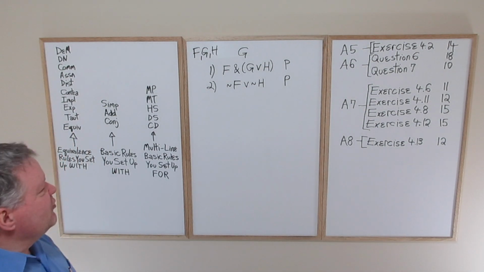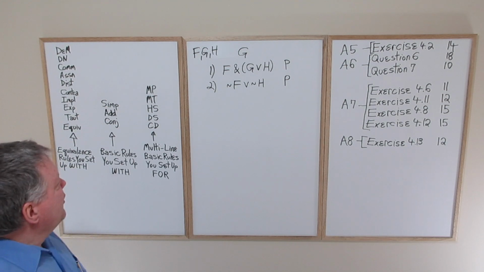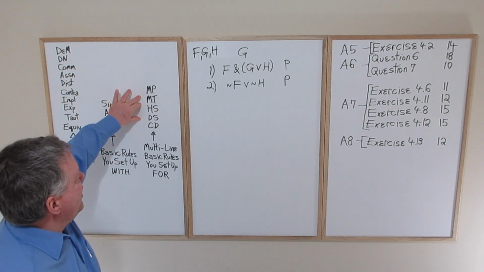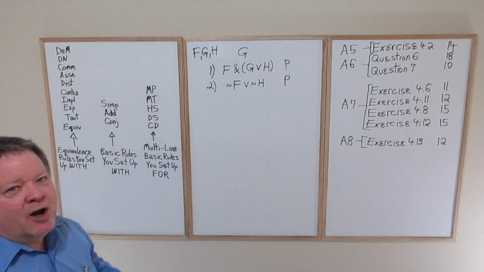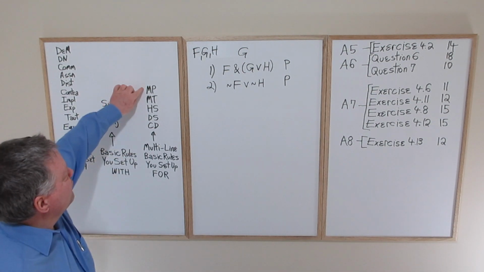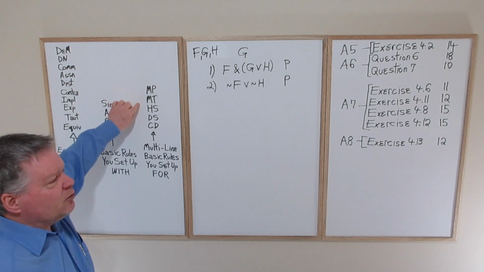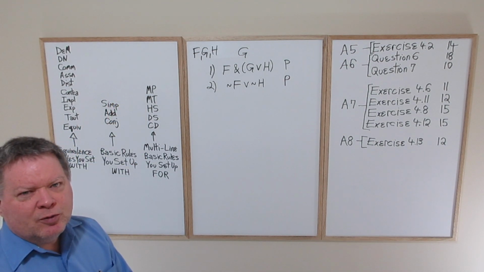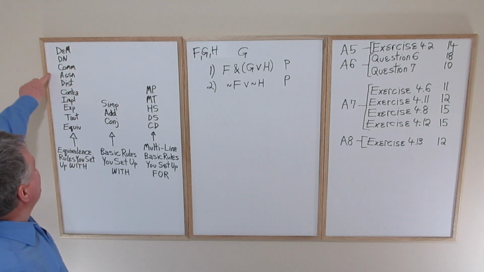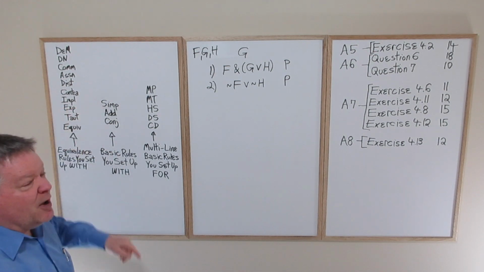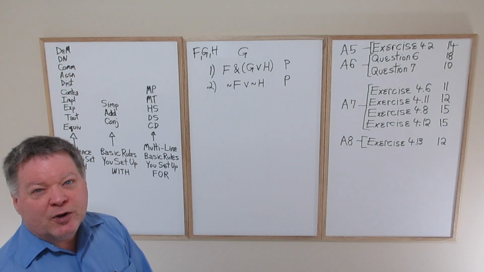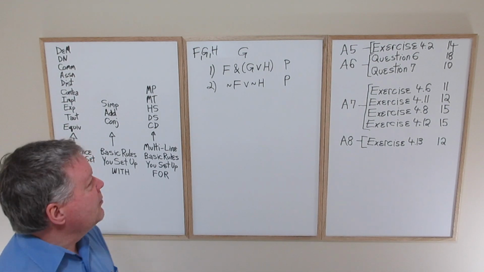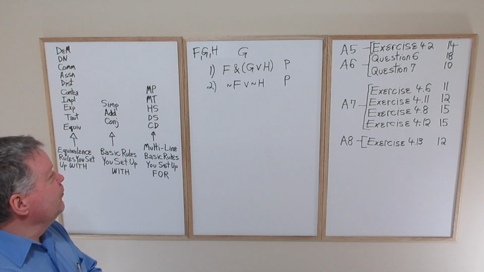And what I mean by stage is a sequence of steps that sets up for the application of one of the multi-line basic rules. So these rules are going to be the stage ending rules, and some combination of the equivalence and basic rules are going to be the setup rules in a particular stage.